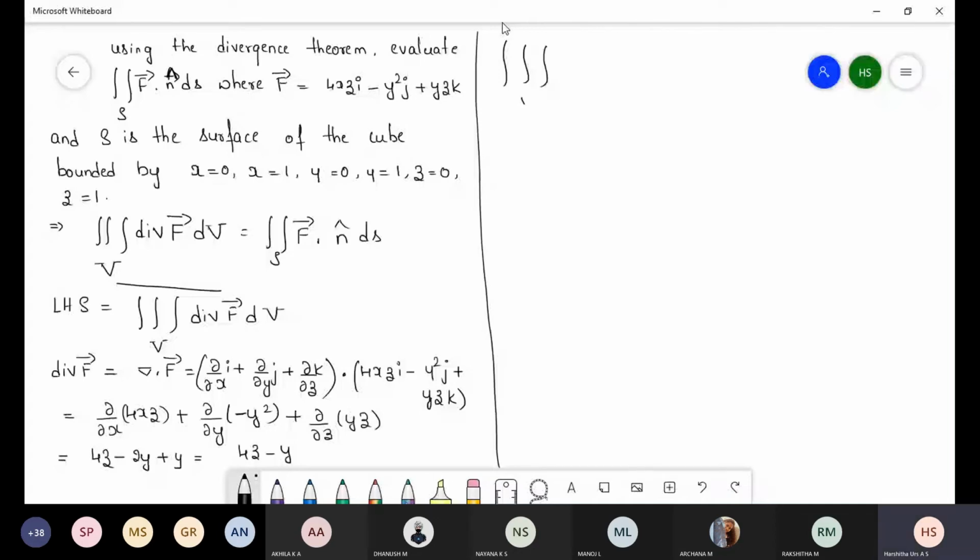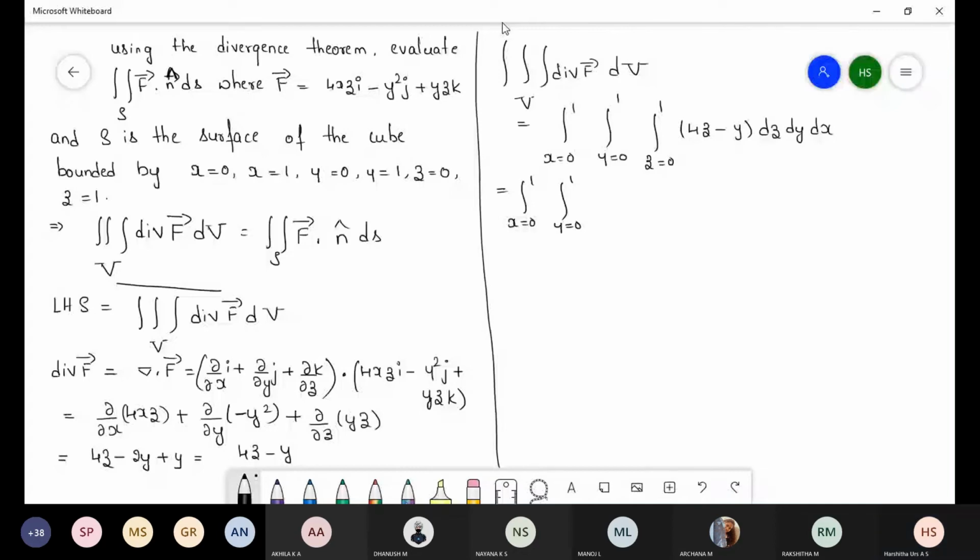First, x is equal to 0 to 1, y is equal to 0 to 1. I write as it is. With respect to z, means 4z square divided by 2 minus y into z. So here limit varies from z is equal to 0 to 1.